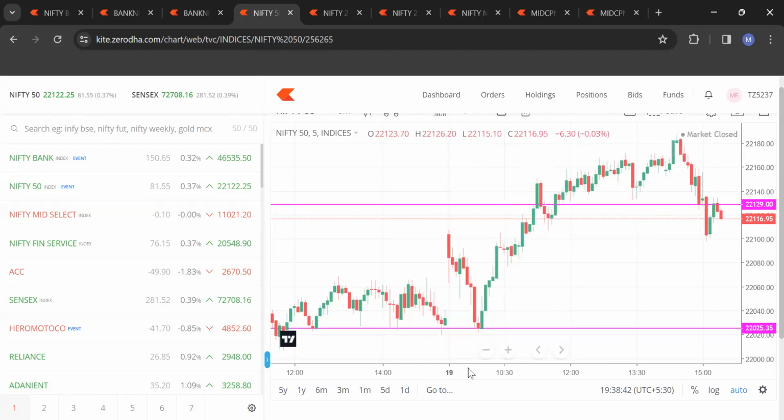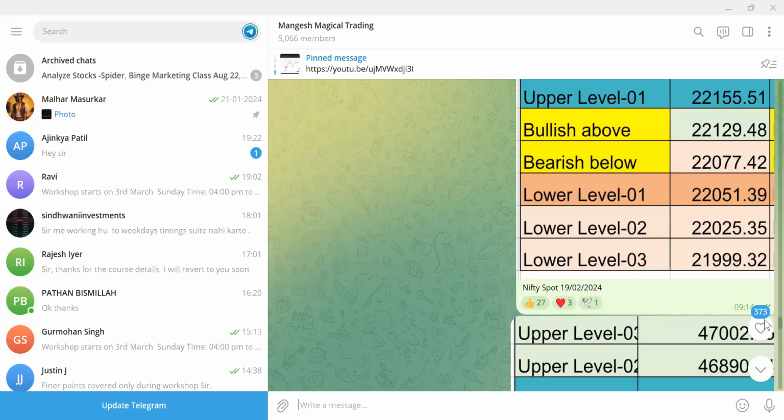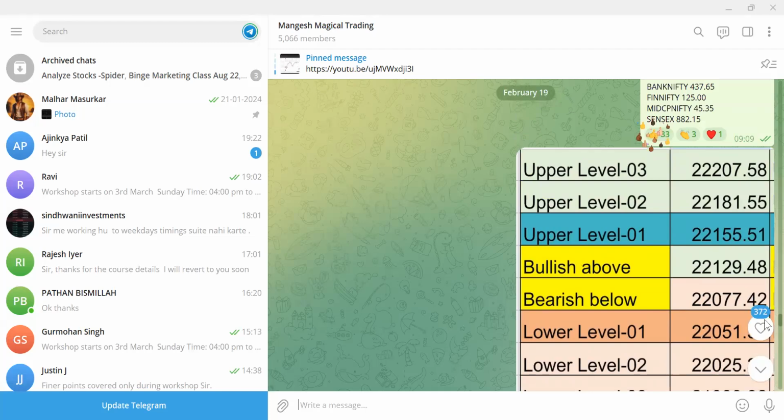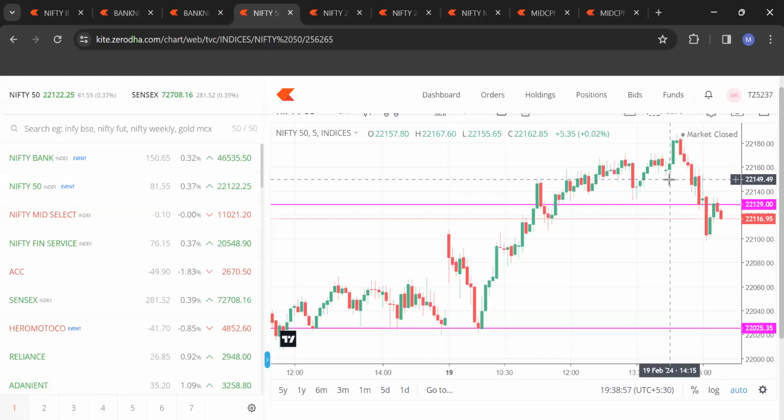And then see the upper level 22,155 precisely as we were proceeding. 22,155, 188. Hardly a difference.